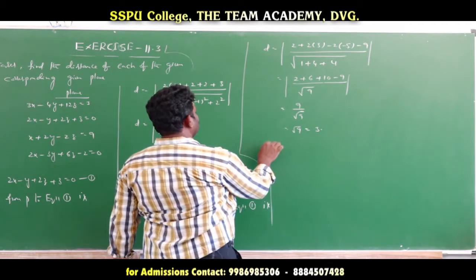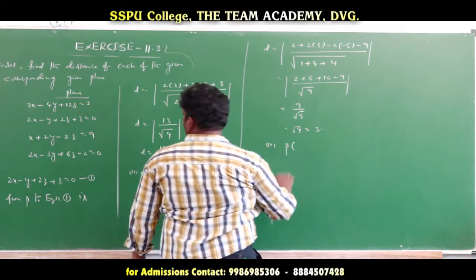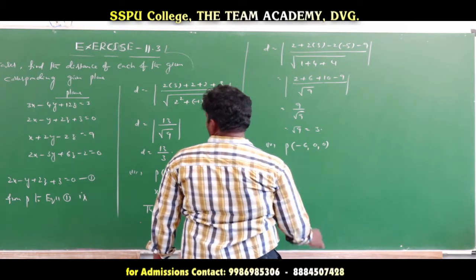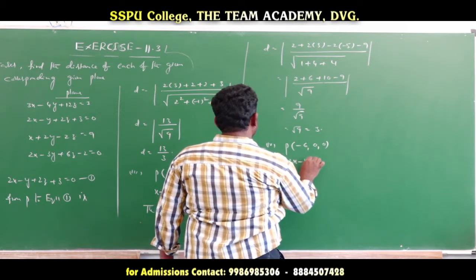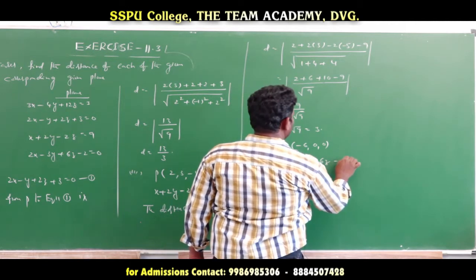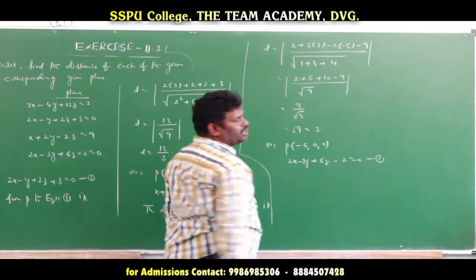Next, the last fourth one. Here the point P is minus 6 comma 0 comma 0. The plane equation is 2x minus 3y plus 6z minus 2 is equal to 0, equation 1.